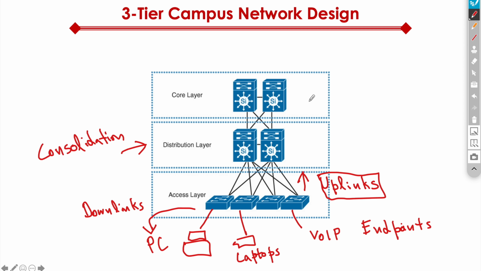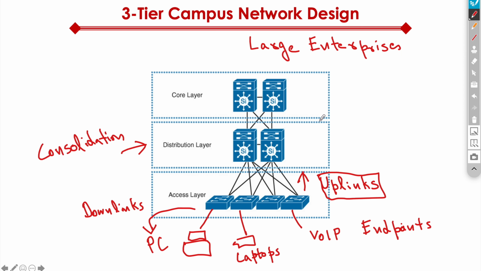And finally, we have a core layer. The whole reason we have a core layer in our network is to consolidate a bunch of distribution layer switches. This type of model, a three-tier campus model, is suited for large enterprises. You're looking at Fortune 500 companies, possibly up to Fortune 5,000.